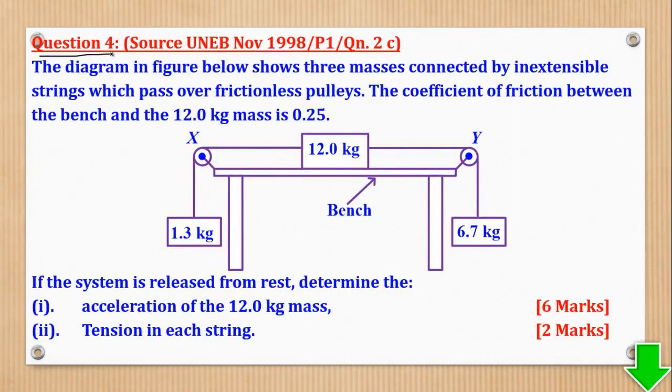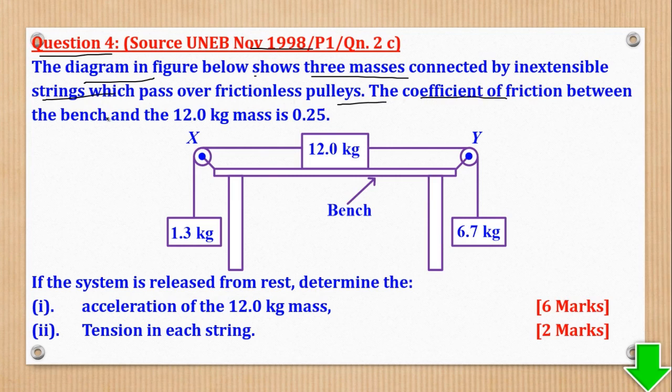Then question 4. Question 4 is similar to question 3, only that now this one is rough. It came from UNEB of 1998, November, paper 1, question 2C, and says: the diagram in the figure below shows 3 masses connected by inextensible strings which pass over frictionless pulleys.